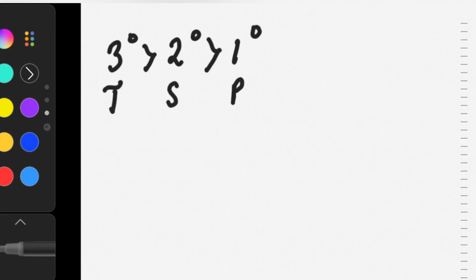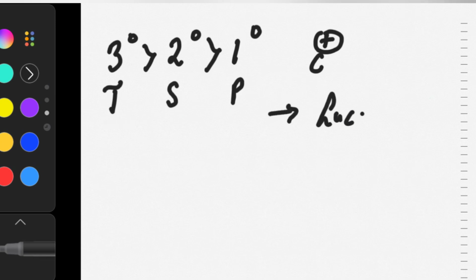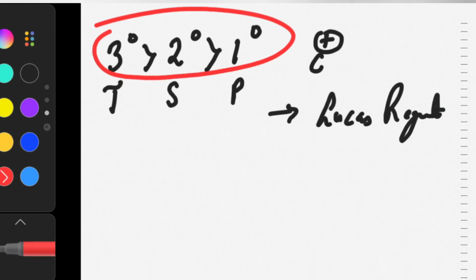So it depends on the stability of the carbonium ion formed. That tells you the rate at which they react with the Lucas reagent. I will talk more on this in the next test, the chromic acid test.